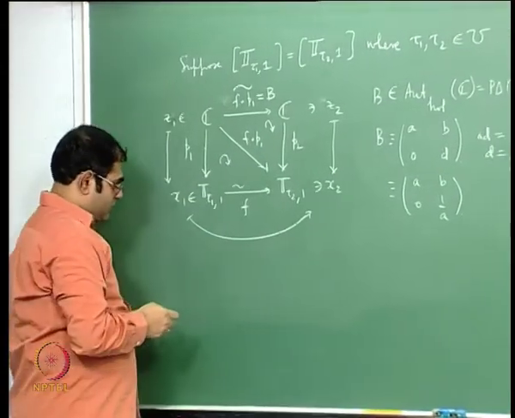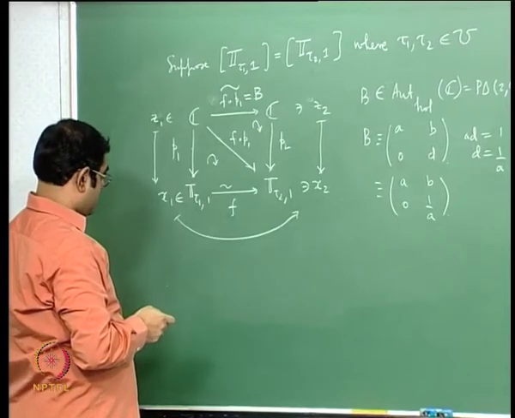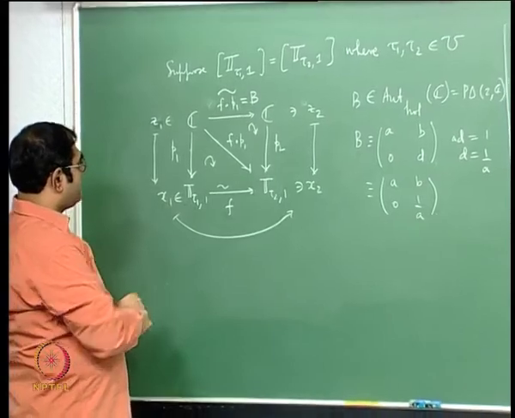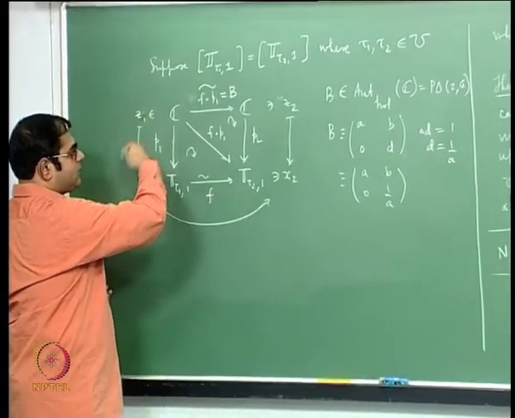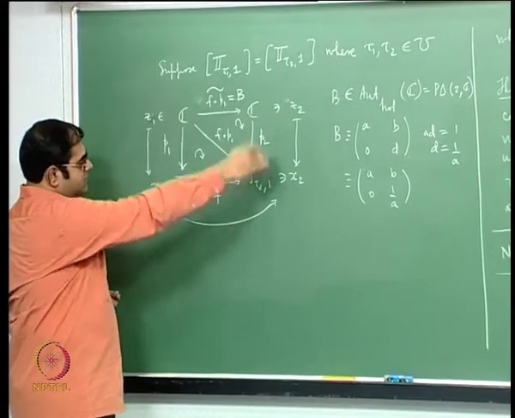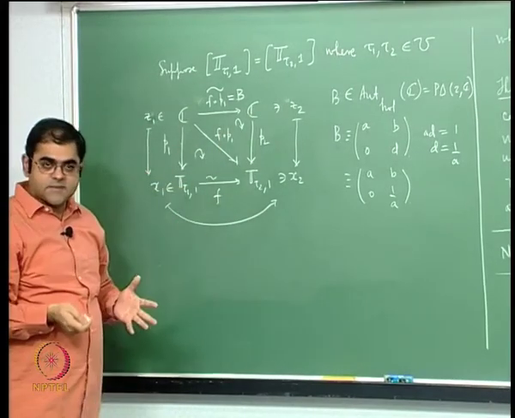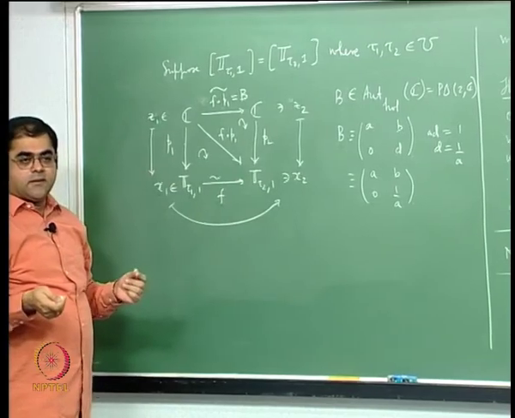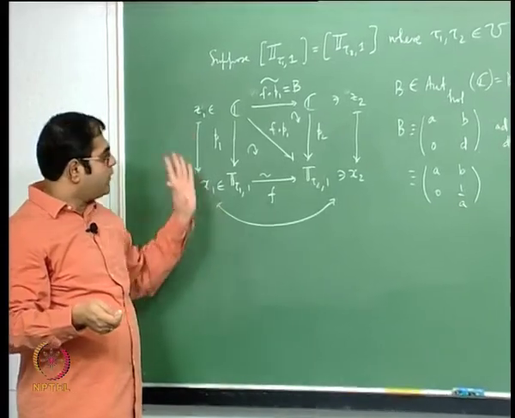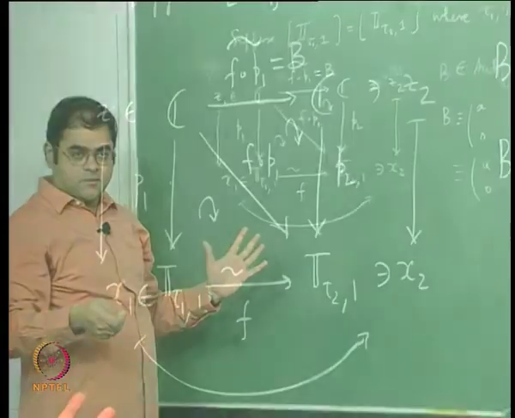Now one needs to look at what is happening to the deck transformation group because of this. This is a whole diagram of spaces. You know that forming the fundamental group is functorial, so I am going to get a corresponding diagram for the fundamental groups.